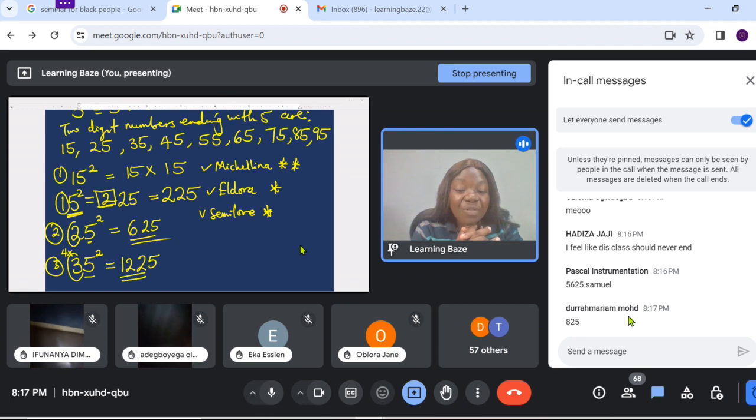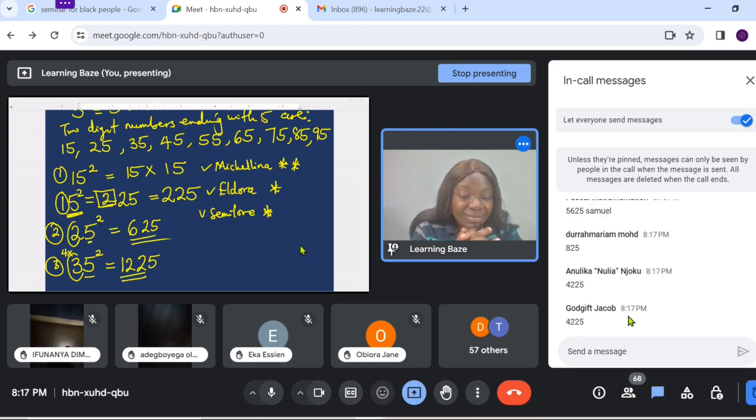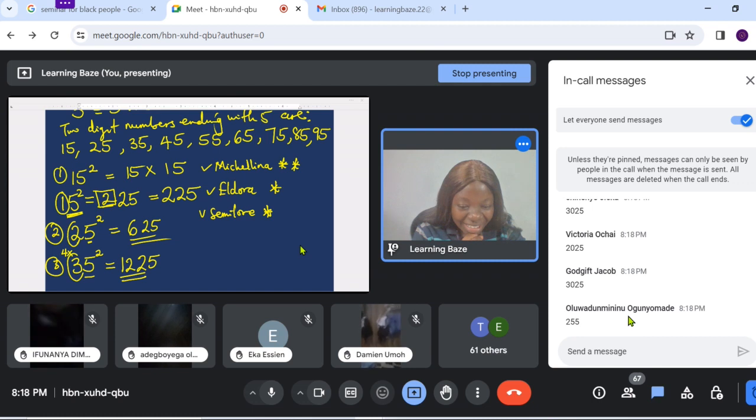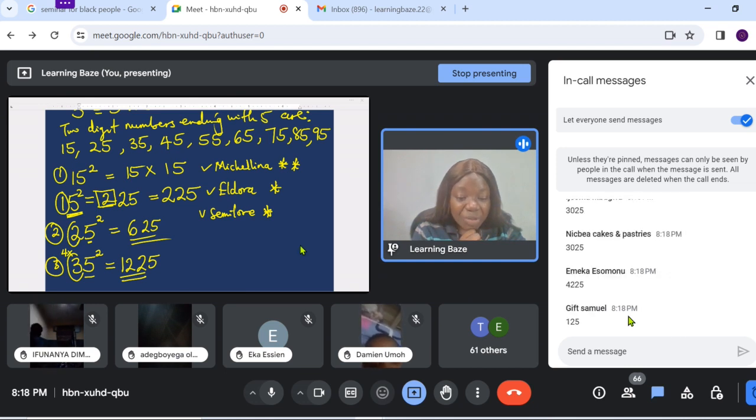What is the square of 55? Keep typing. If you have not typed your answer, don't worry.